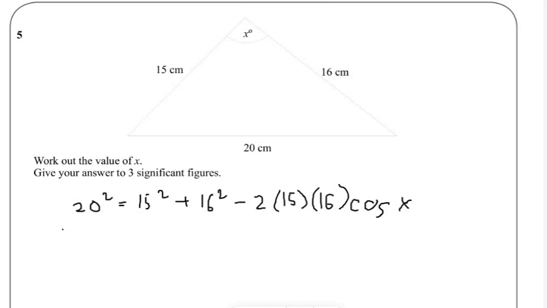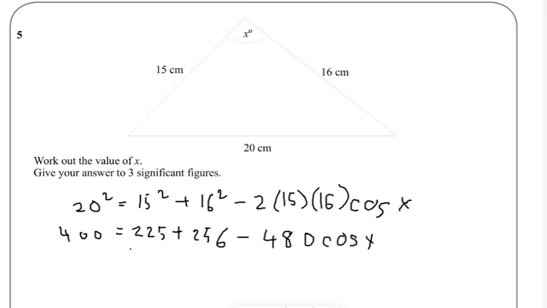All right, so this is 20 squared, 400. 15 squared is 225, and 16 squared is 256. Minus, we have 2 times 15 is 30. 30 times 16 will be 480 cos x.